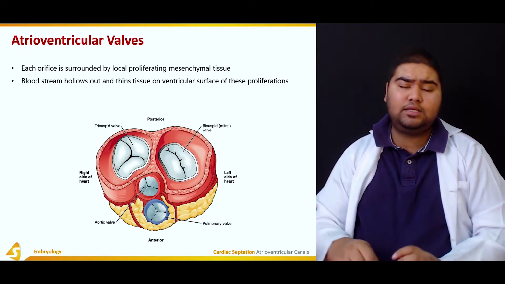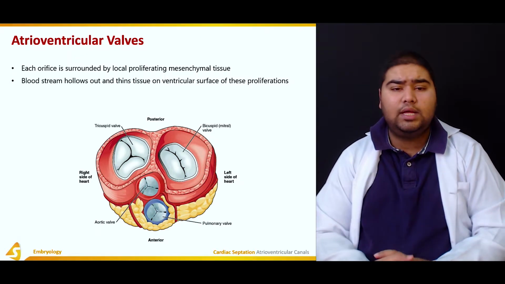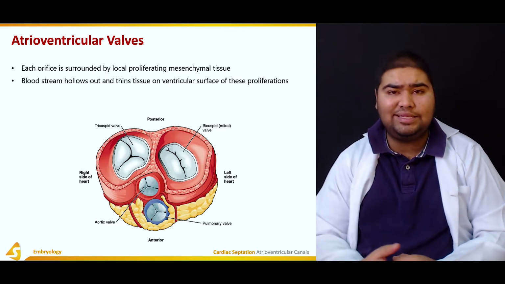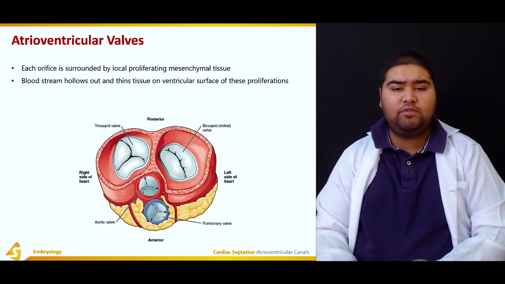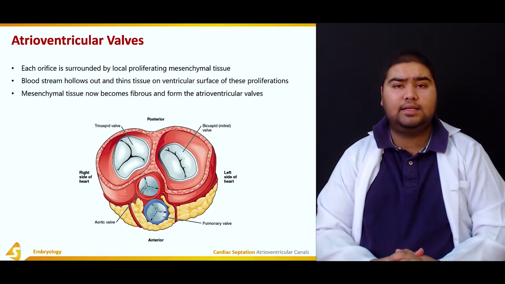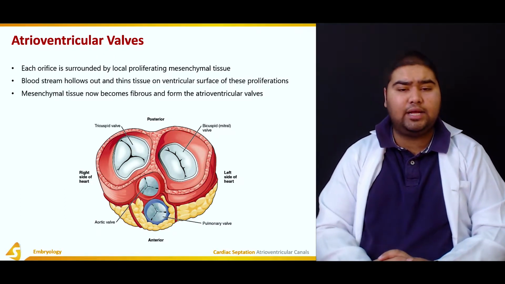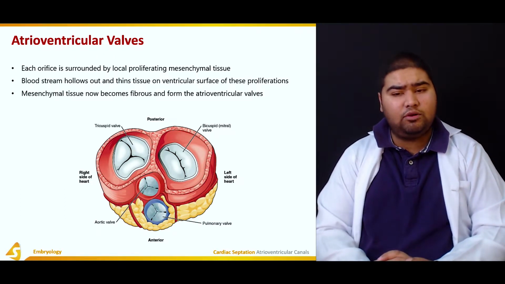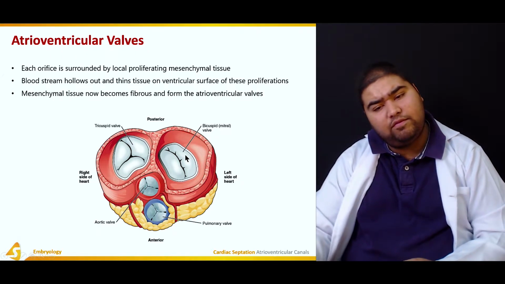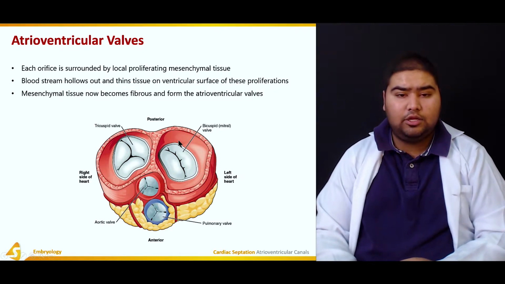So these proliferating cells lined around the AV orifice are hollowed out on the inside by the pressure of blood. The mesenchymal tissue becomes fibrous and forms the atrioventricular valves. Here you can see the valves being formed. These are the formed valves in an adult heart.